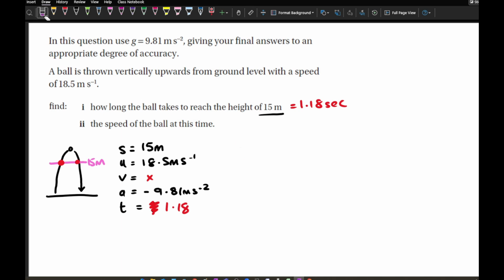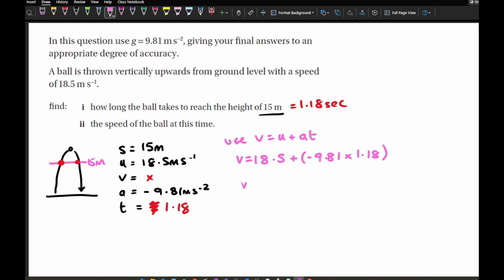So for this, to find out what v is, I'm going to use v equals u plus at, and substituting numbers in, I get v equals 18.5 plus, and it's going to be minus 9.81 multiplied by 1.18.